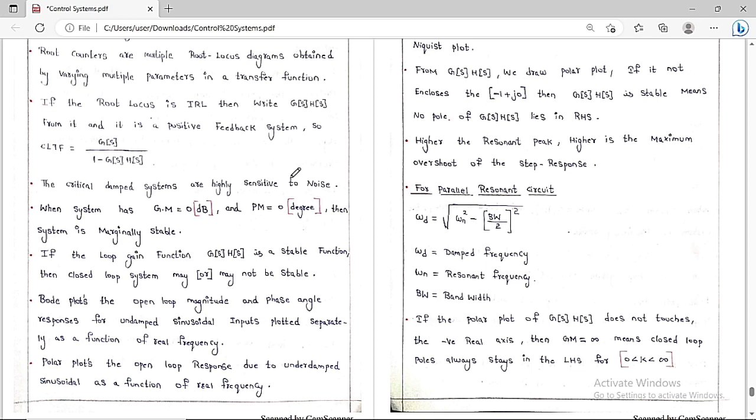Root locus means negative feedback system, inverse root locus means positive feedback system. From this, figure out the closed loop transfer function, which is G(s) by 1 minus G(s)H(s). These things you always have to keep in your mind.